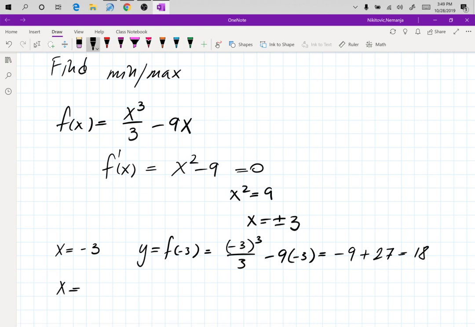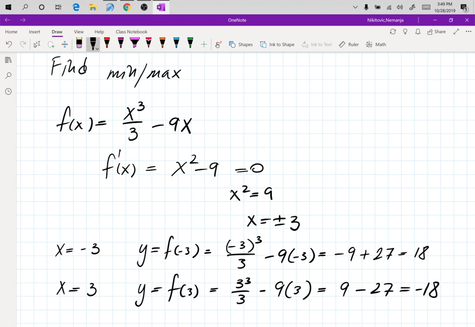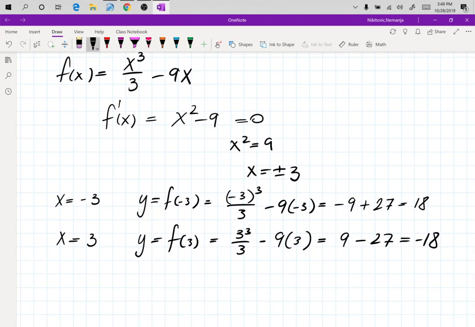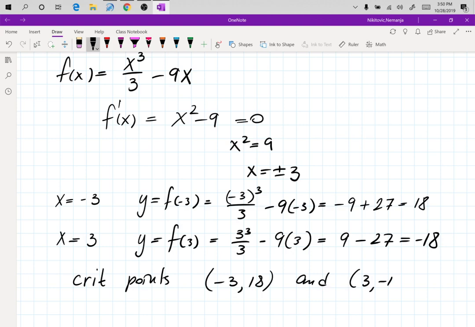And then x equals positive 3. y would be f of 3, which would give us 3 cubed over 3 minus 9 times 3. That would be now positive 9 minus 27, give us negative 18. So my critical points are negative 3, 18 and 3, negative 18.